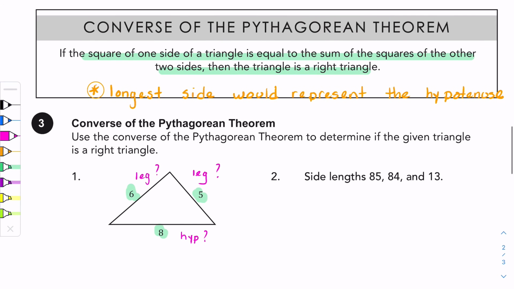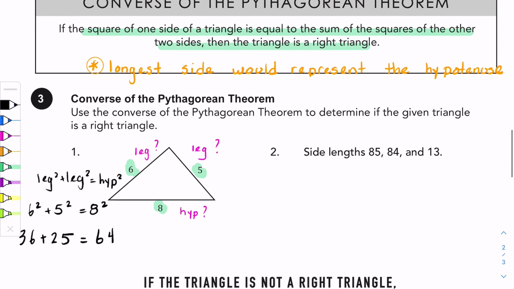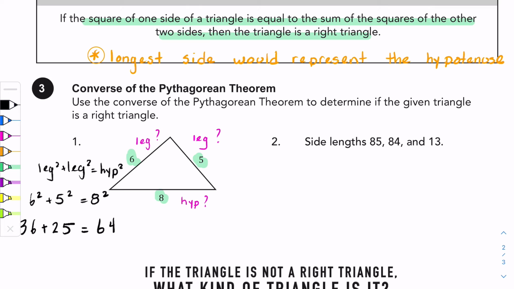So when I substitute this into my formula of leg squared plus leg squared equals hypotenuse squared, I'm going to substitute in 6 squared plus 5 squared equals 8 squared. When I simplify that, I have 36 plus 25 is equal to 64. Well, 36 plus 25 is 61, which is not equal to 64.